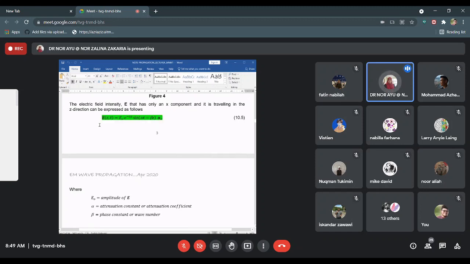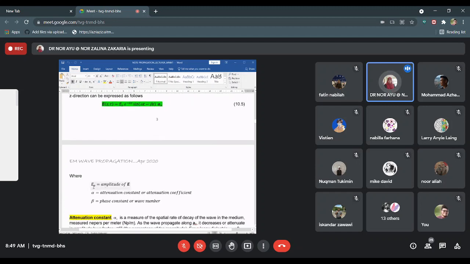Okay, so remember that. Z here means the direction of wave propagation is the z direction, and the direction of this electric field is the a_x direction.